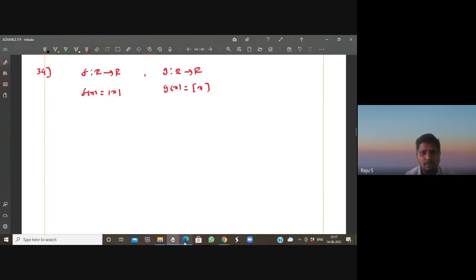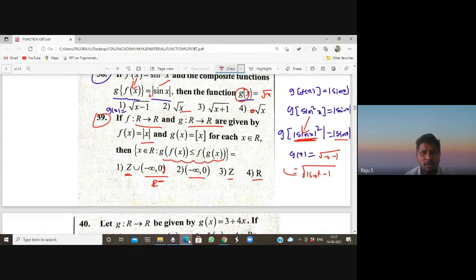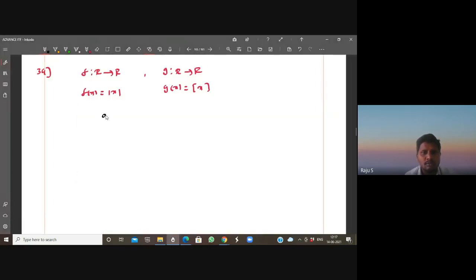And also they have taken the condition g of f of x is lesser than or equal to f of g of x.